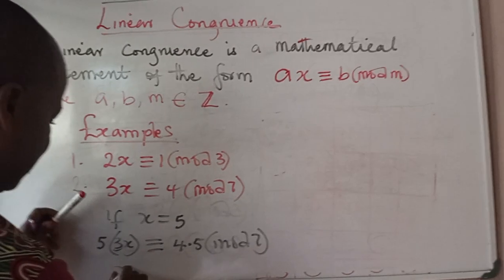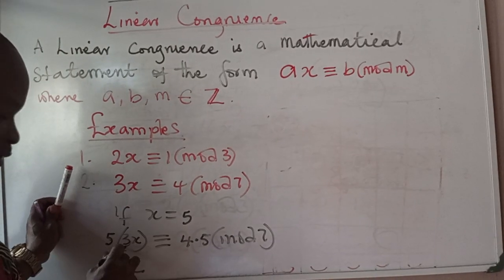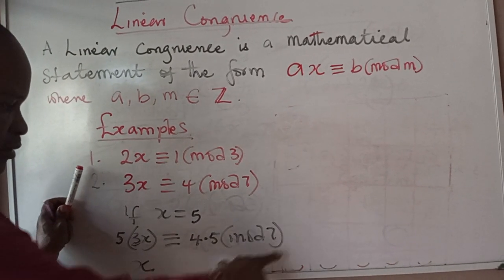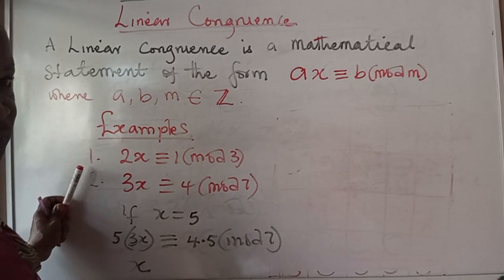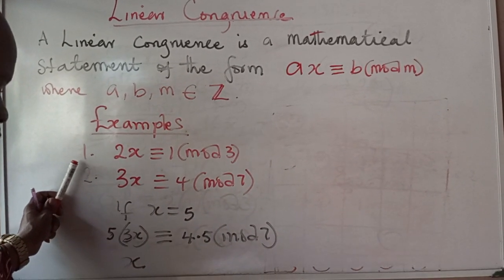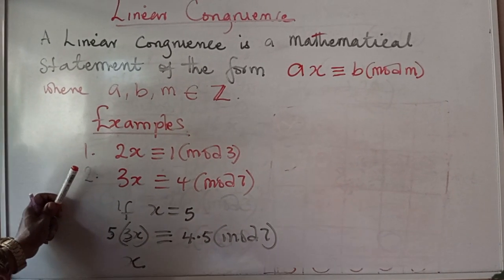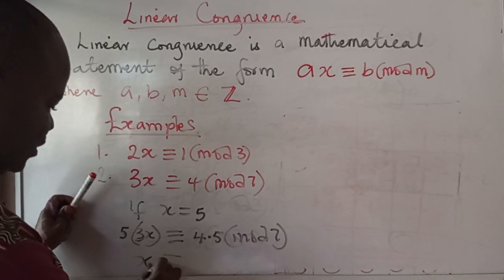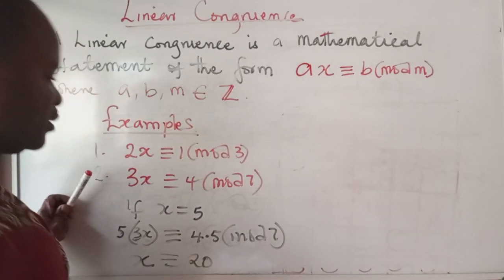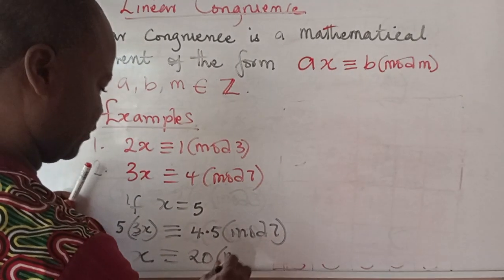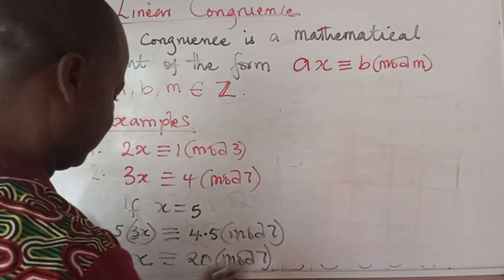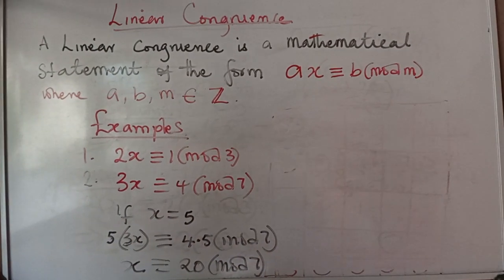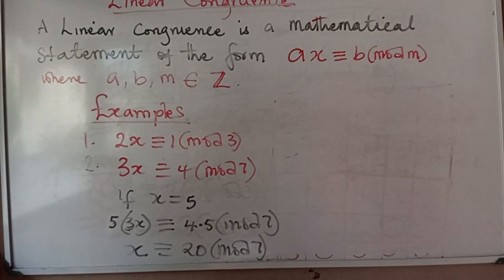So we have here that because 5 times 3 is actually 15, 15 divided by 7 will give us remainder 1. So that one here doesn't change anything. So we have x is congruent to 20 mod 7. Now let's see. If we divide 20 by 7, what's the remainder?